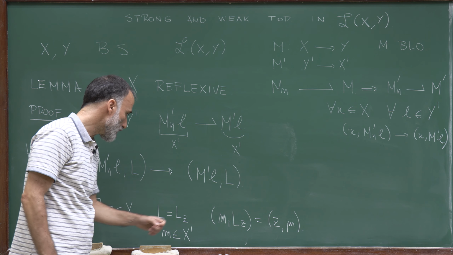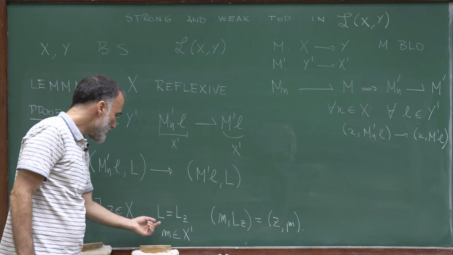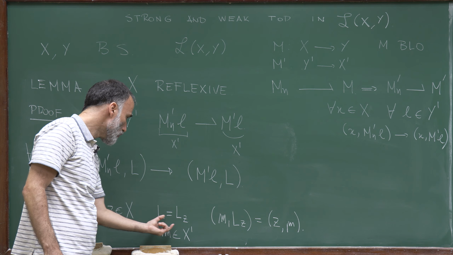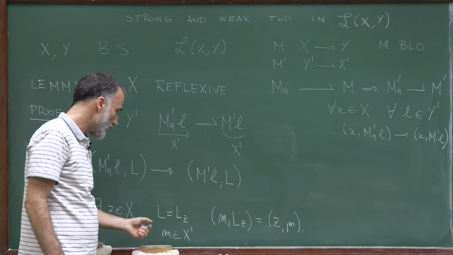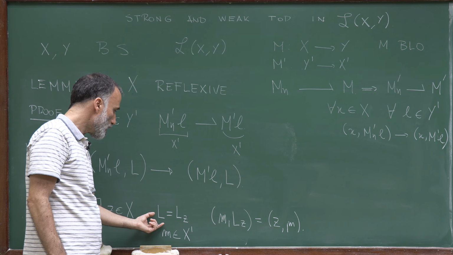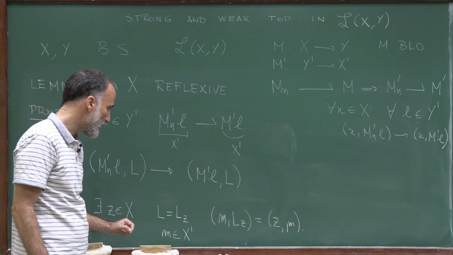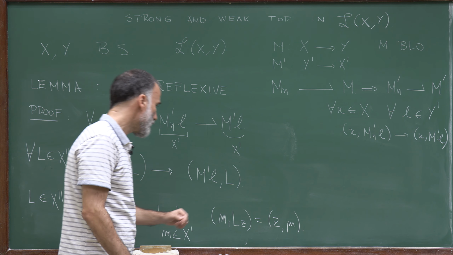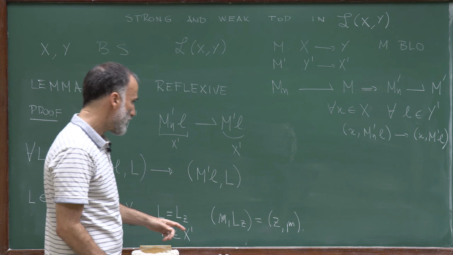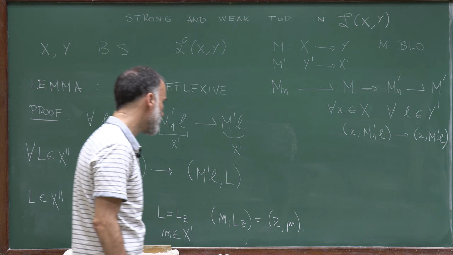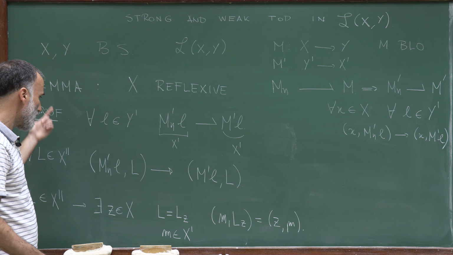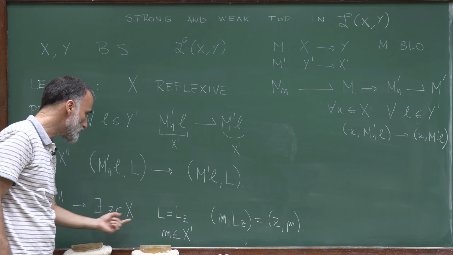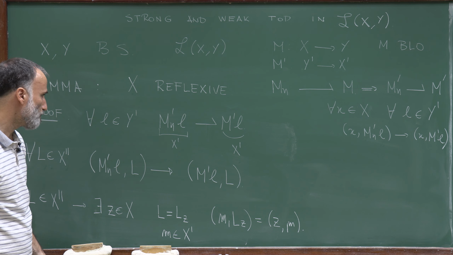So L is equal to L_z, in the sense that these are two operators in X double prime. So let me tell you how they act on an element of X prime. Well, L_z applied to m is m applied to z. And so, since X is reflexive, there exists a z such that L is equal to L_z.